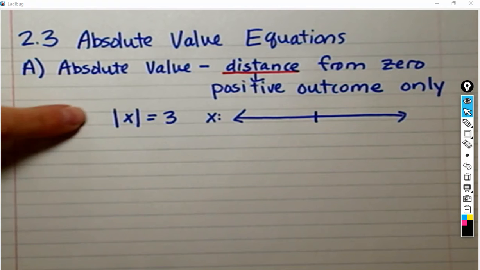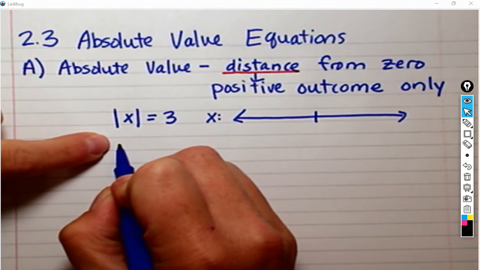Now, this is the distance from 0. So I'm going to write a sentence here.